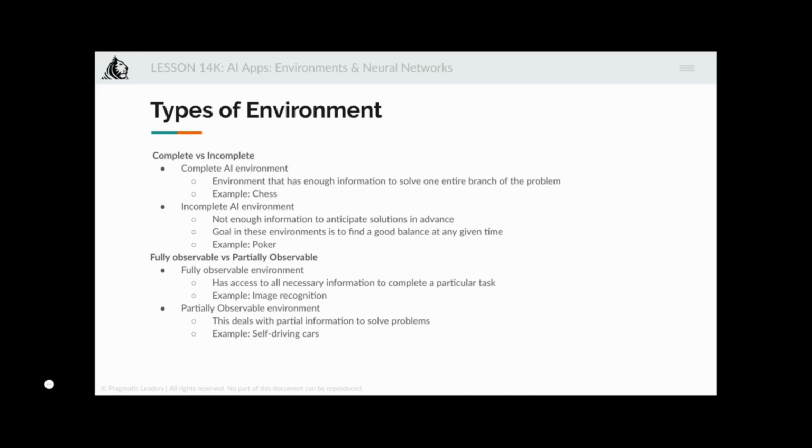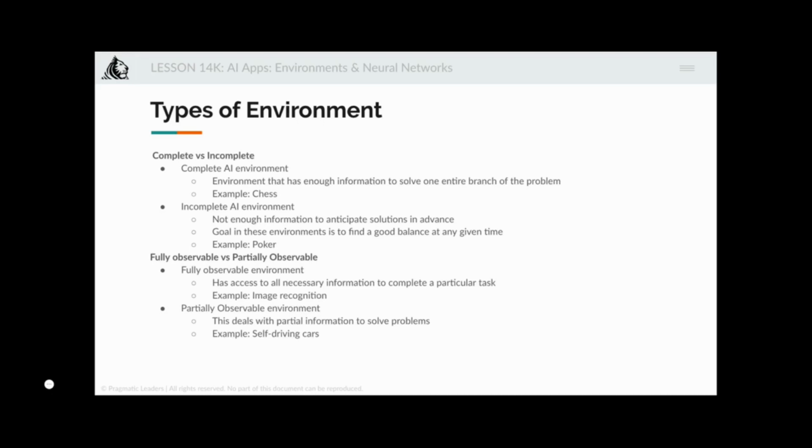If they are not giving better results than the best branch, they are abandoned midway. Chess is a very good example: all the moves and scenarios are completely available, so the environment has enough information to solve one entire branch of the problem, how exactly one particular move is going to play out.